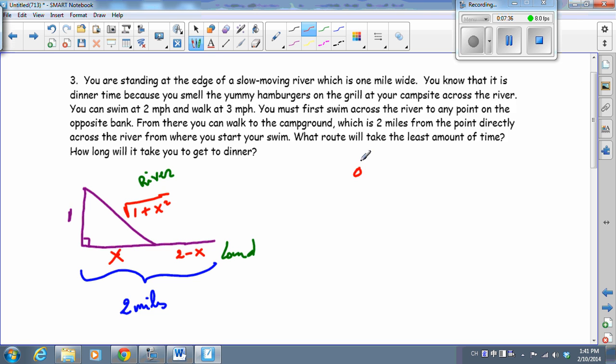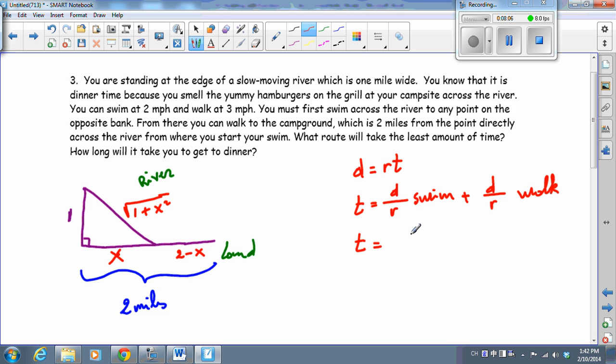At this point, I know distance is equal to rate times the time. So the time itself is equal to the distance over the rate. The time is not just the distance over the rate, but the distance over the rate for the swimming plus the distance over the rate for the walk. So let's go ahead and have an equation for that time.